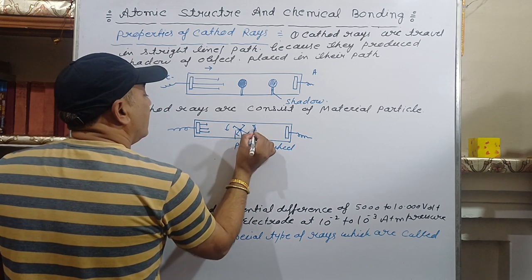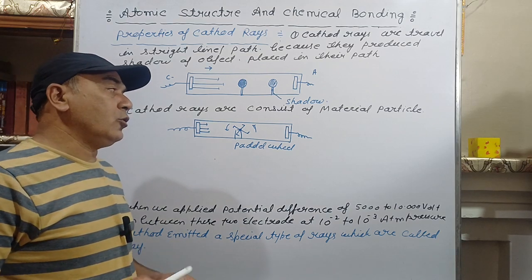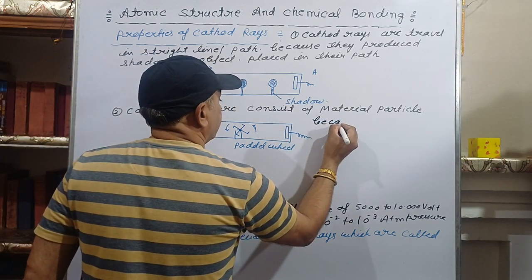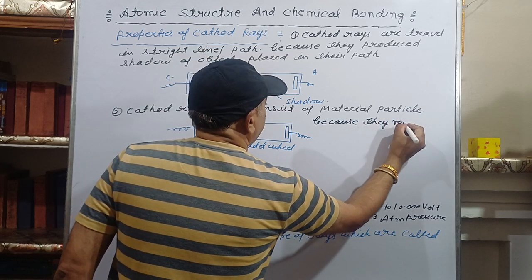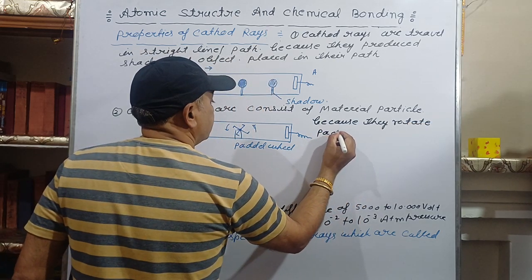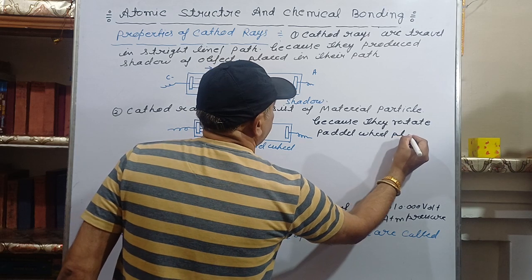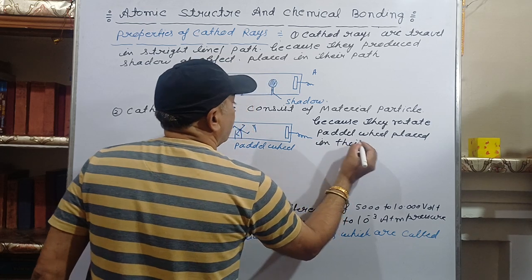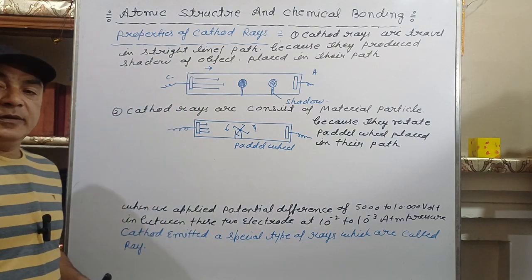The paddle wheel starts rotating, and the rotation indicates that cathode rays consist of material particles because they rotate a paddle wheel placed in their path. It is the second property of cathode rays.